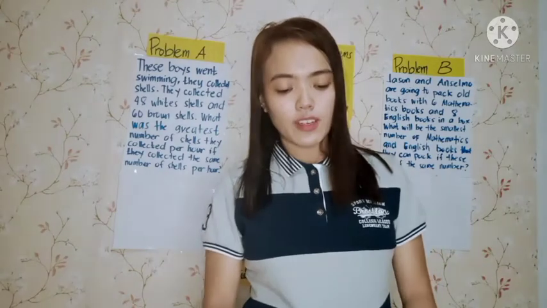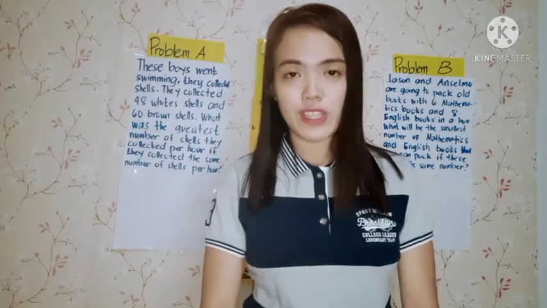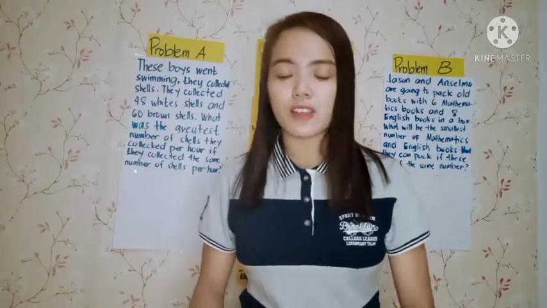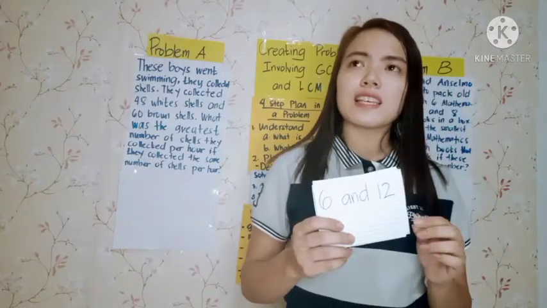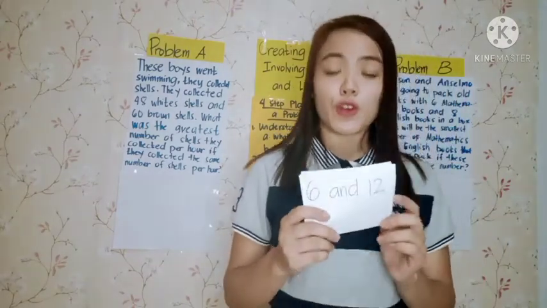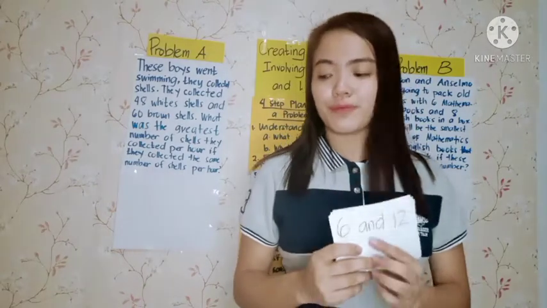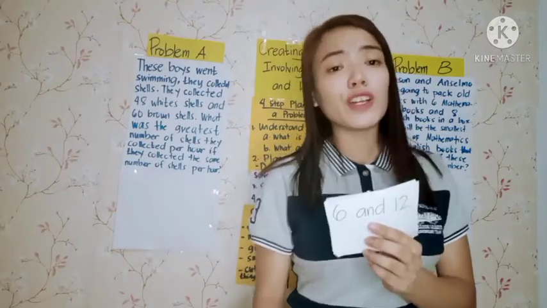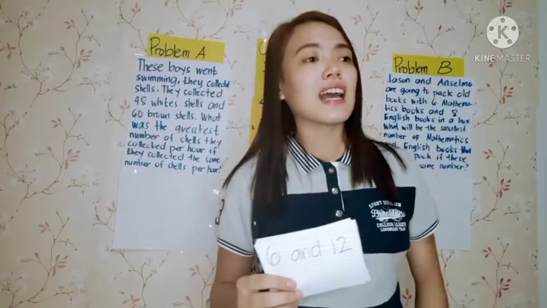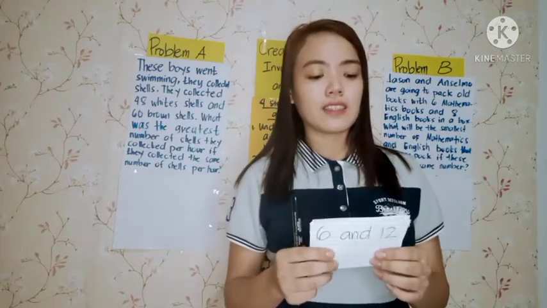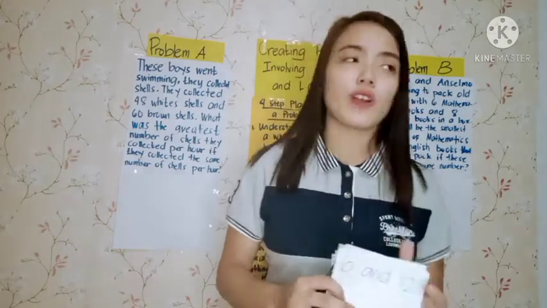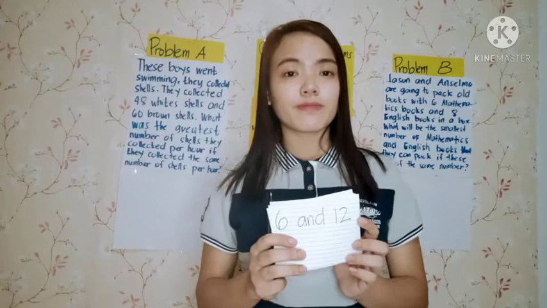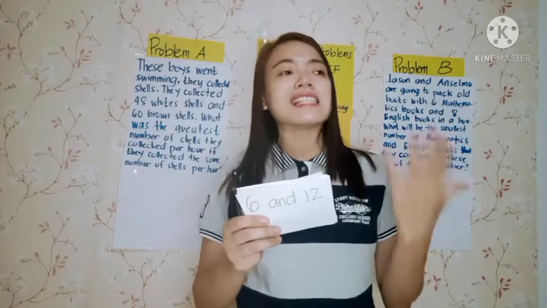I have here an index card. In the index card, I want you to recite or give an answer on this. First is 6 and 12. What is the greatest common factor of 6 and 12? Yes, Angelica. Yes, 6.